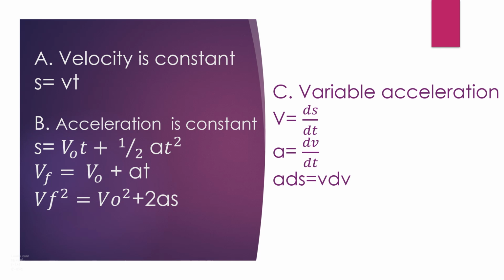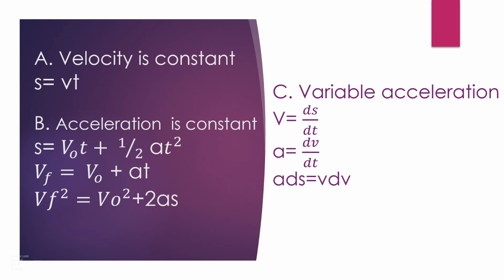Therefore, when the problem states that the velocity is constant, you can use the formula s = v times t. If the problem states that the acceleration is constant, you can use the formulas s = v initial times t plus 1/2 at squared; v final = v initial plus at; and v final squared = v initial squared plus 2as.